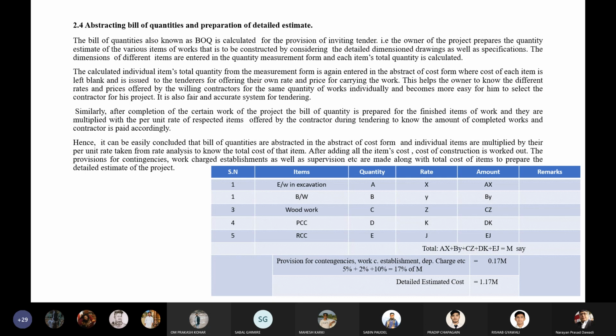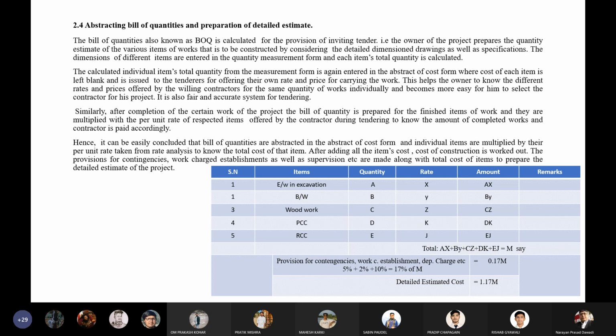Abstracting bill of quantities and preparation of detailed estimate. How can we abstract the bill of quantity? Abstracting bill of quantities means if you enter all the dimensions and calculate the total quantities of work in the quantity measurement form, that total quantity of each and individual item is again entered in the abstract of cost form to find the cost of the individual item.